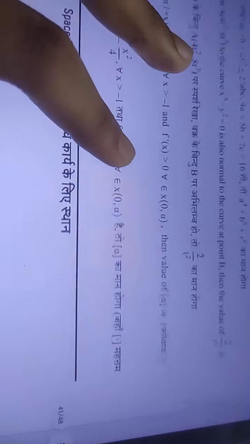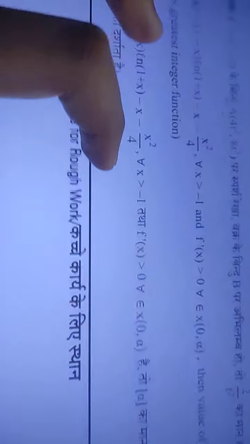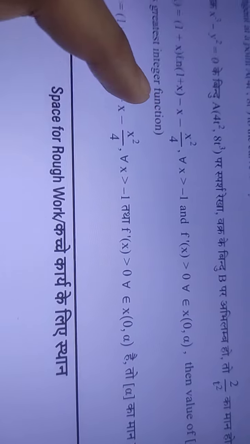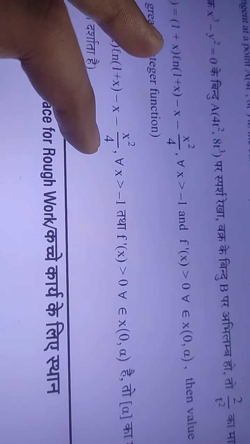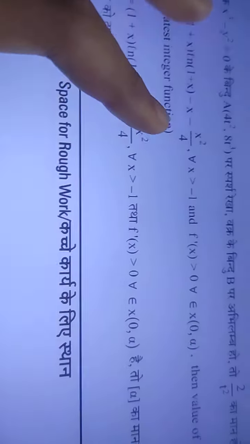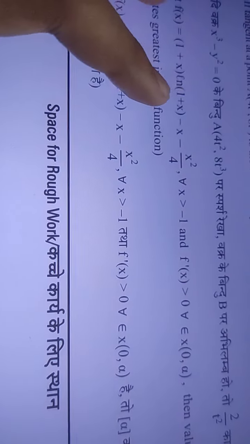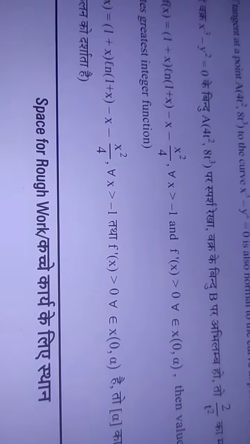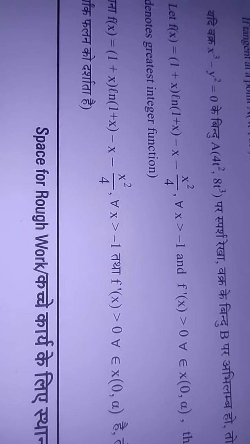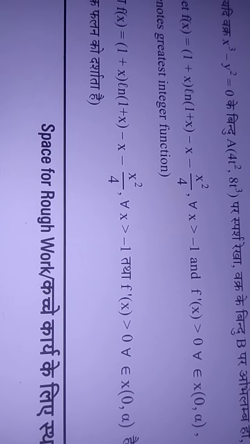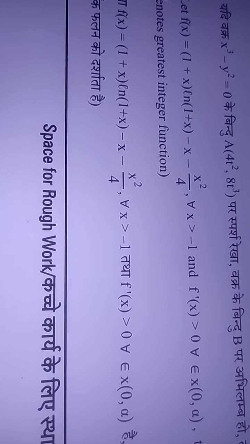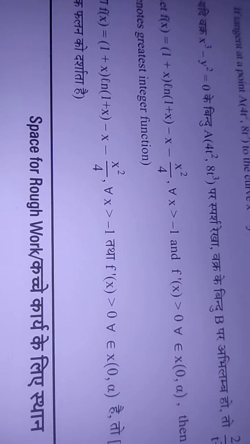So basically in this question, for x greater than -1, we have to find the interval in which f of x is an increasing function, right? So the first approach which came to my mind was that I would differentiate this function, and after differentiating I would make it greater than 0 and find the interval of x.